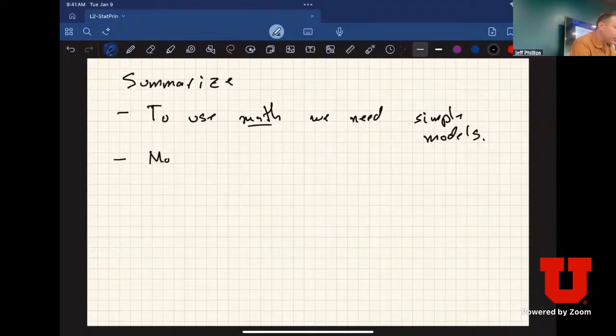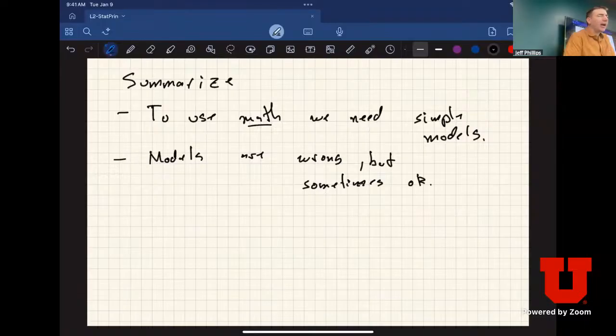These models are wrong, but they're sometimes okay. And so we're going to live with some modeling error. We're going to try to get into some sort of mathematical setting that we can actually use to model the phenomena we're seeing.